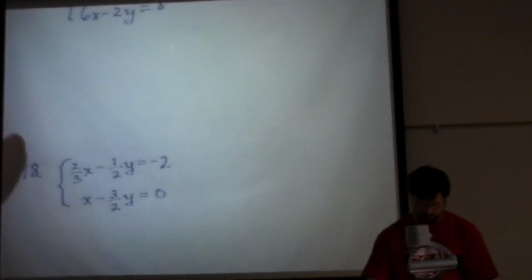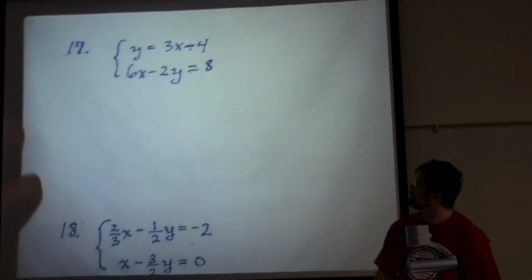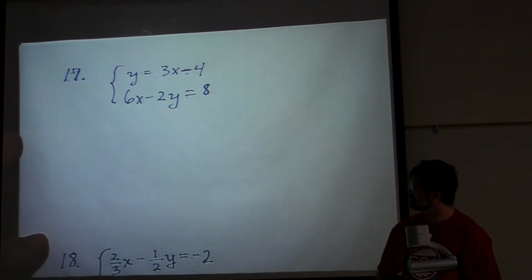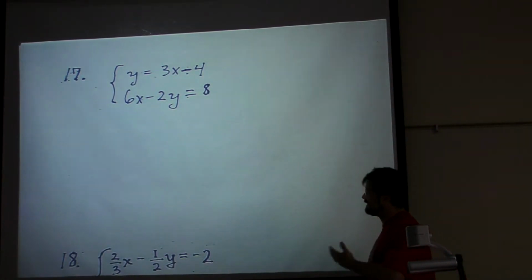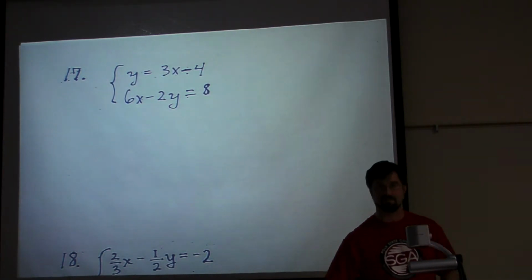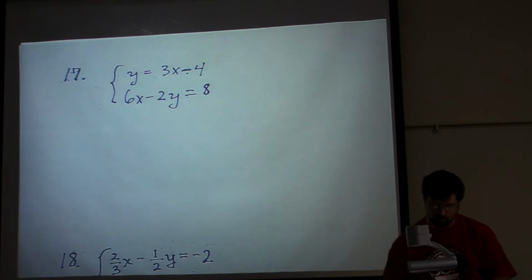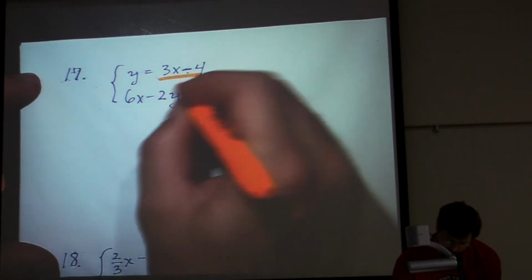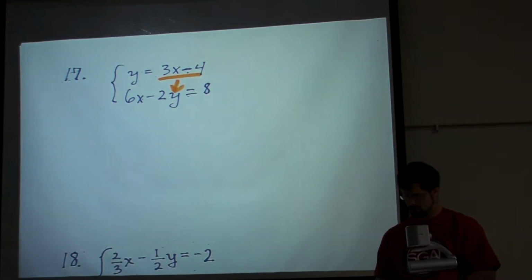All right, so let me move that over and I'll bring 17 into frame. All right, here's 17. And again, I think this one, substitution. I gave you a lot of nice, easily substitutable ones. So that goes in there.